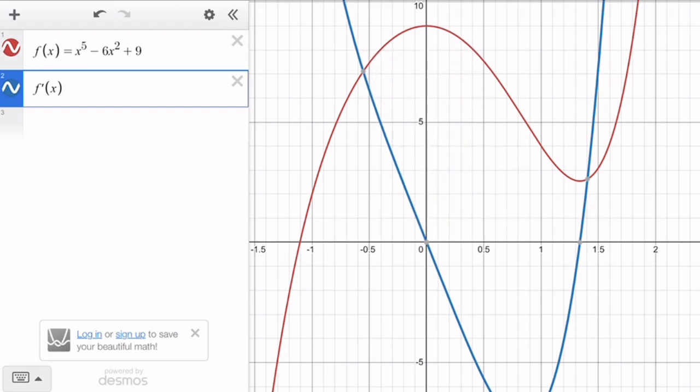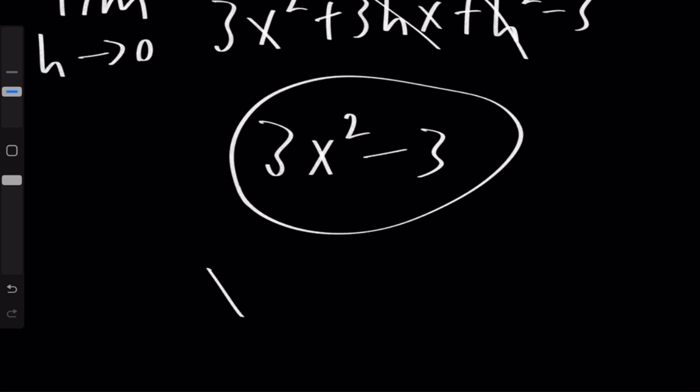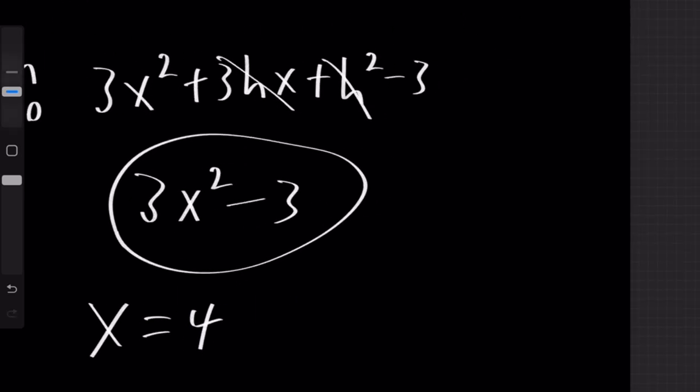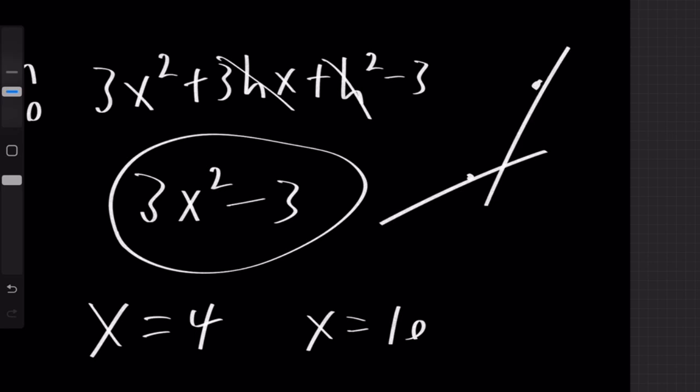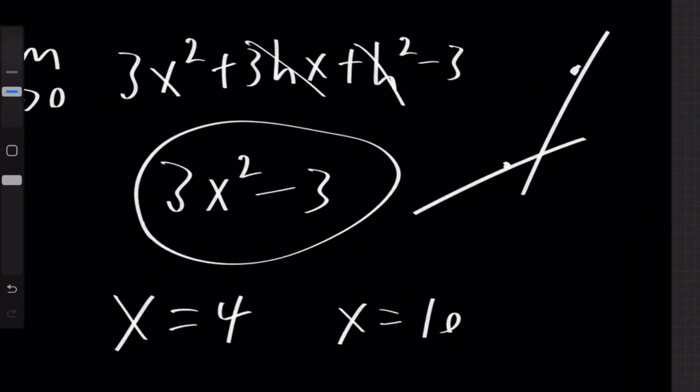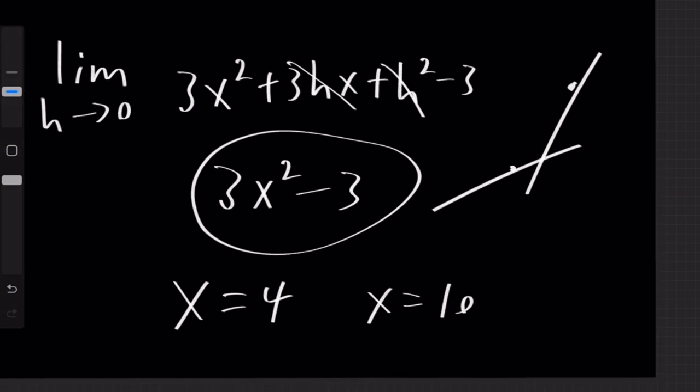So basically, if we plug in some point x equals 4, we're going to find the slope at x equals 4. Plug in x equals 10, we're going to find the slope at x equals 10. And that's the derivative, and it's a long process, but there are shorter, easier ways to do it.